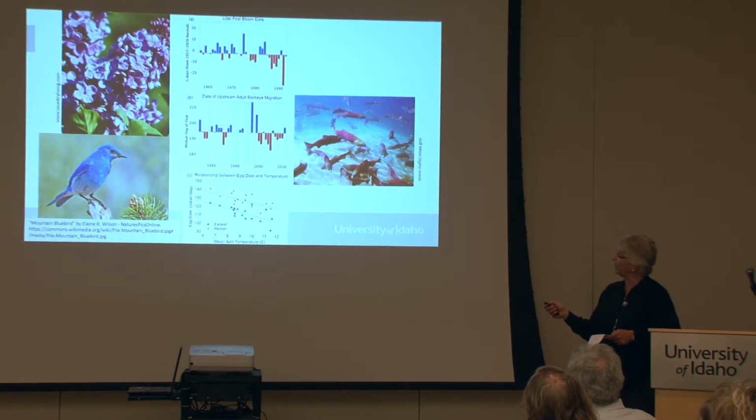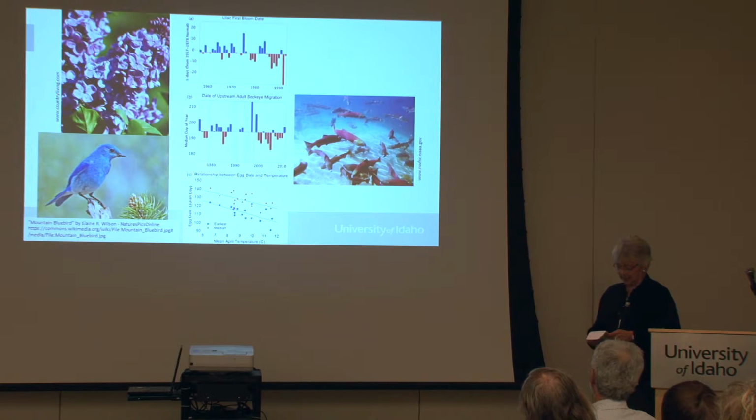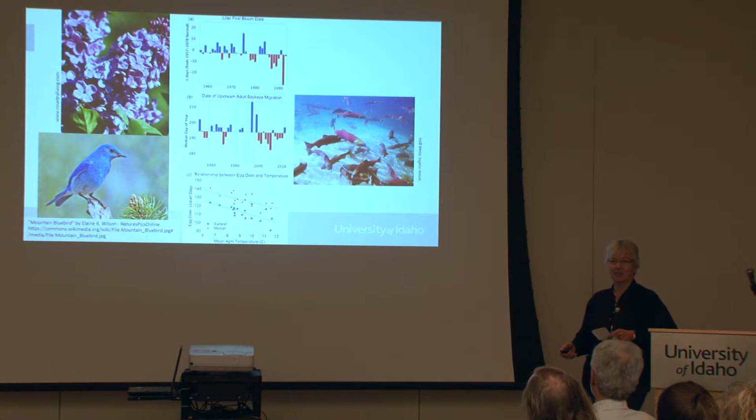We're just taking the average over that time period. Blue lines are above, red are below. So it would say here that we have more days where lilacs are blooming as much as 10 or 20 days earlier, and this one is more than 20 days earlier in some years. And indeed, it's 8 days earlier per decade. And this is based on citizen science, which is citizens taking notes, keeping track, recording those data and sharing them.